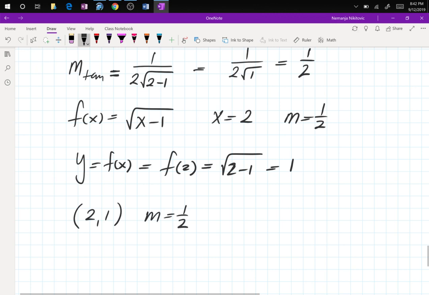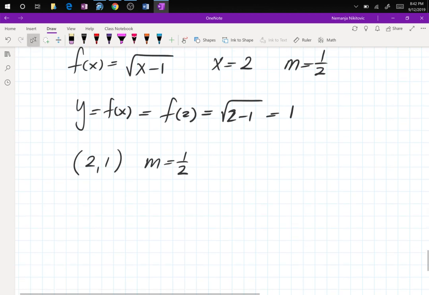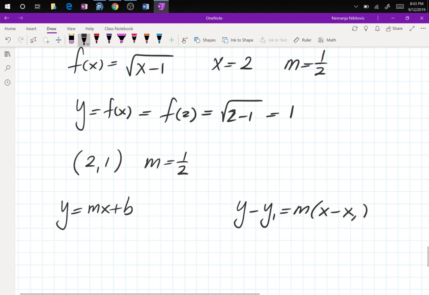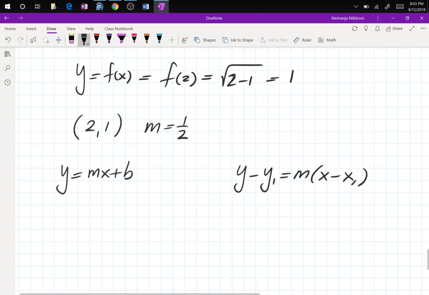Now we are getting into algebra mode to calculate the tangent line. How do we do it? Well, you can go the y equals mx plus b route, or if you like, y minus y1 equals m times x minus x1. I don't care which one you use, whatever.